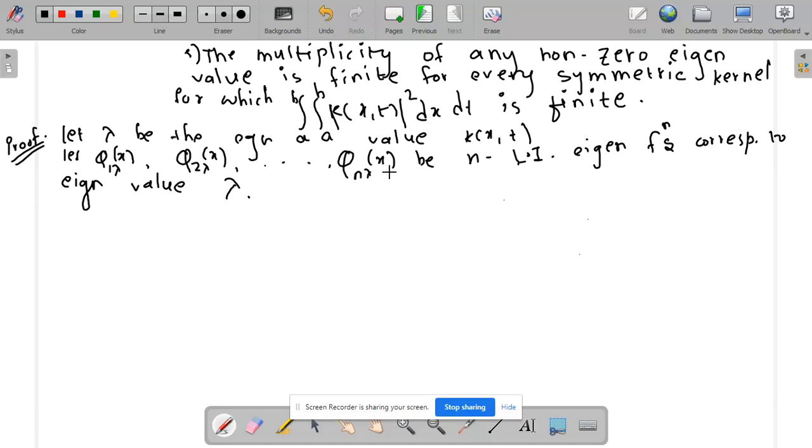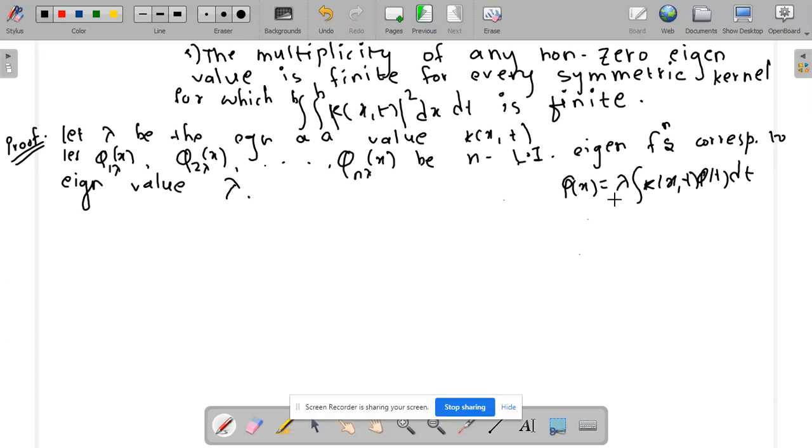Why can I say that phi 1, phi 2, till phi n of x are n linearly independent eigenfunctions? Because when we talk about eigenfunctions for the homogeneous equation, the equation is of this form: phi of x is equal to lambda times integral k(x, t) phi(t) dt. If lambda is an eigenvalue, then corresponding to this eigenvalue we get the eigenfunction.